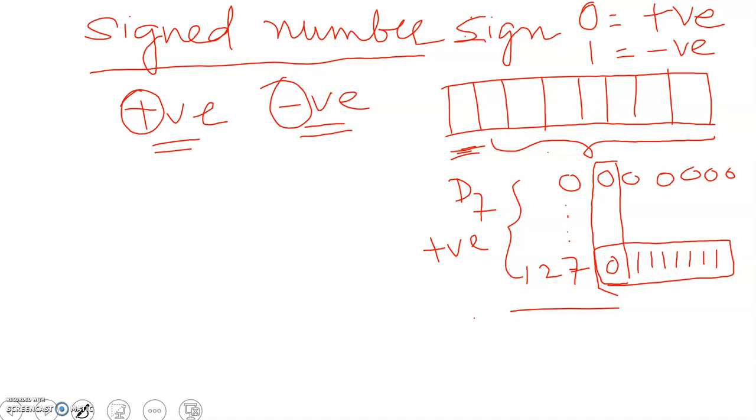Then if I add 1 to it, it becomes 1 followed by 7 zeros. So how much is it? If it were an unsigned number, it would have been 128, but this is a signed number, so the first bit refers to the sign.